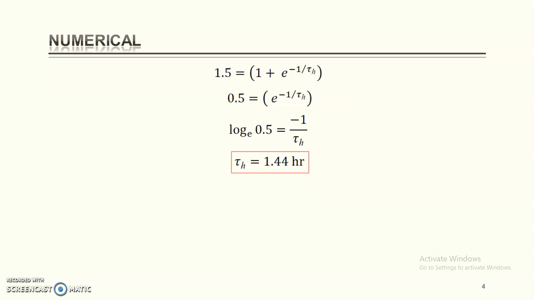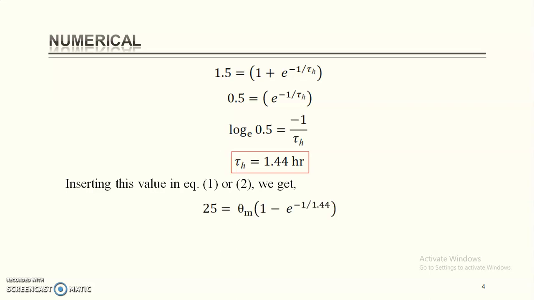So what remains from the first part, the heating condition, is to calculate theta m. Just insert the value of tau h into equation 1 or equation 2, any one of them. I am putting the value of tau h into equation 1. You get 25 equals theta m into bracket 1 minus e raised to minus 1 upon 1.44.